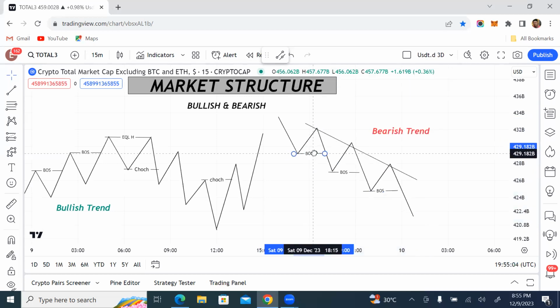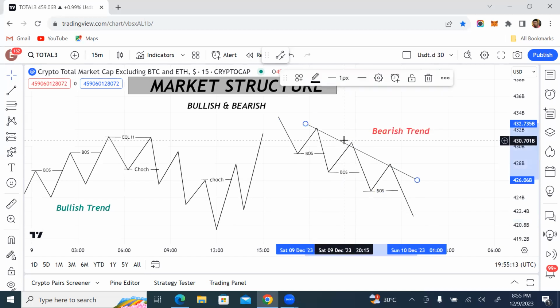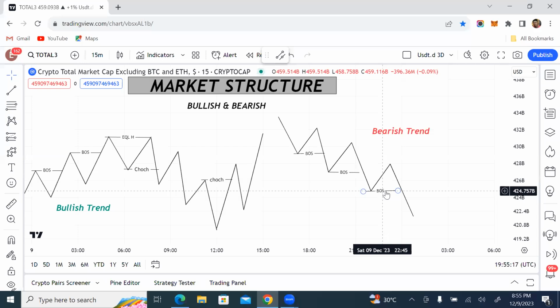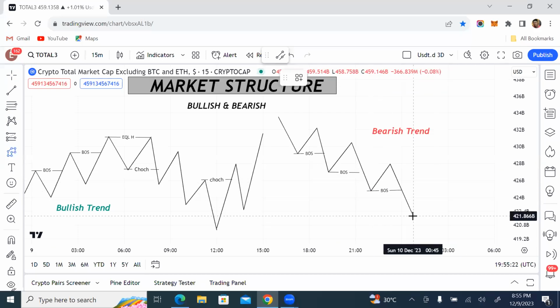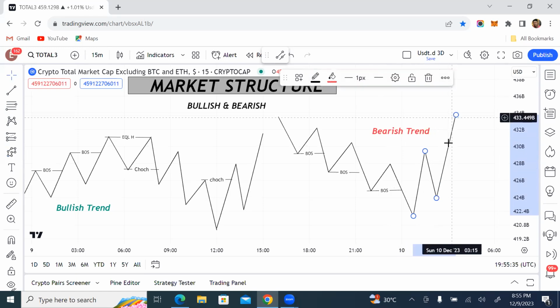Now, the same thing goes for the bearish trend. Let me just knock this one out. Same thing goes for the bearish trend. When price does this and takes out this lower high, we have a new high. Higher low, higher high.